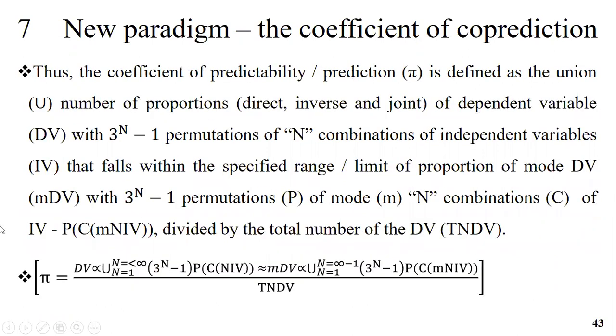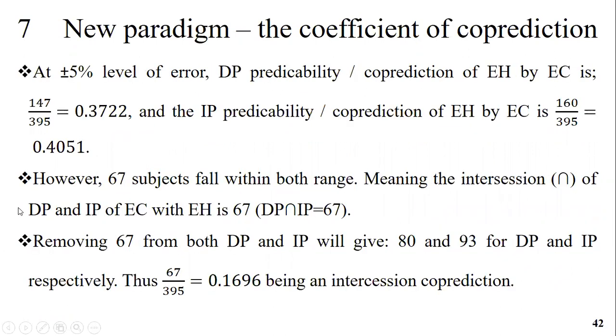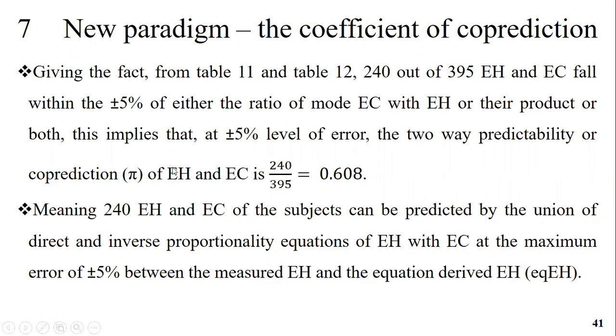Meaning, the EH and AC of 240 subjects can be predicted by the union of the direct and inverse proportionality equations of EH and AC with EC at a maximum error of plus or minus 5% between the measured EH and the equation-derived EH.